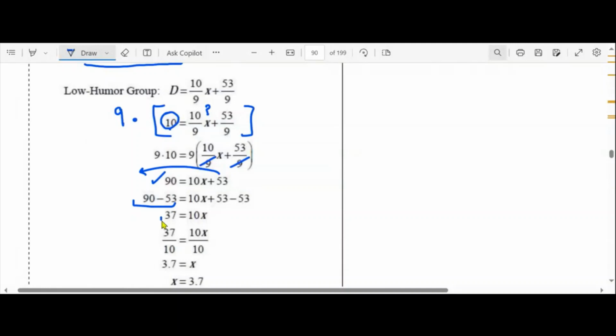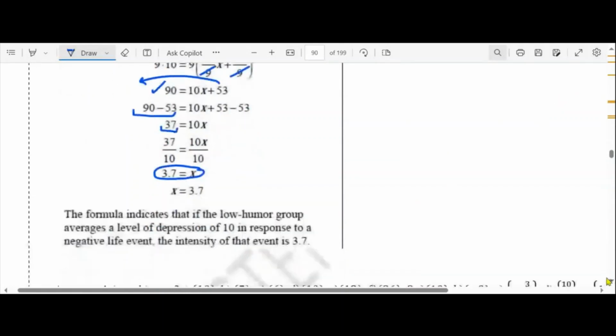You get how much? 37. Divide by what? 10. So how much is x? The intensity of the event. The formula indicates that if the low humor group averages a level of depression of 10 in response to a negative life event, the intensity of that event is 3.7.